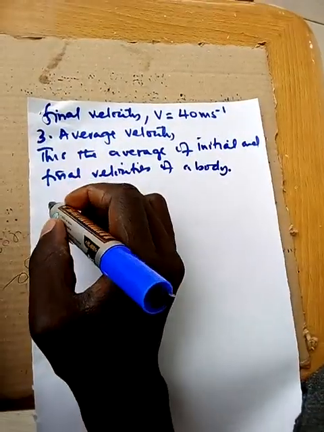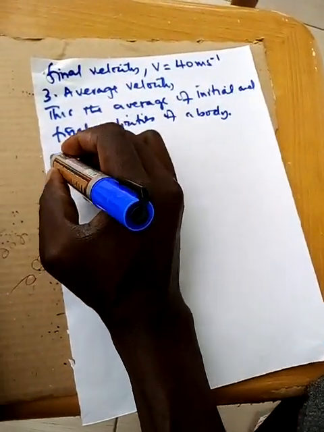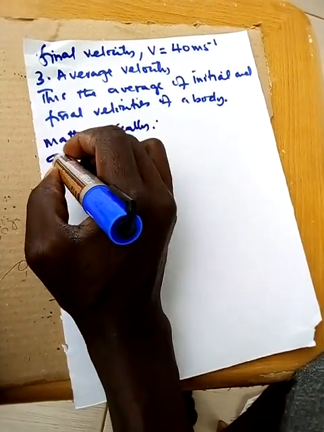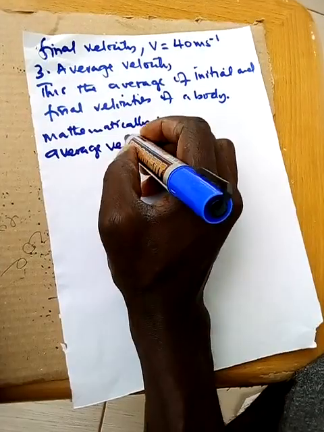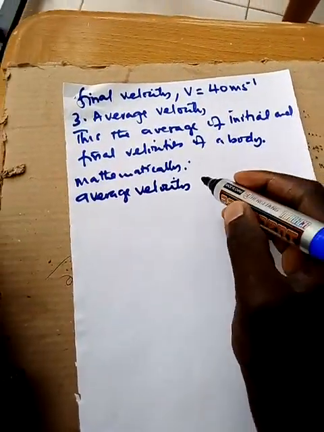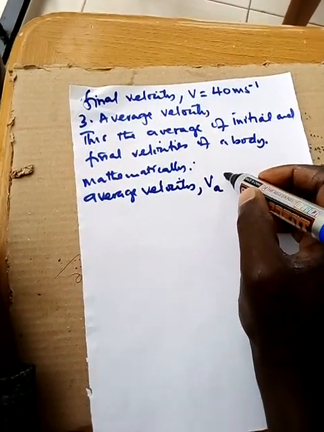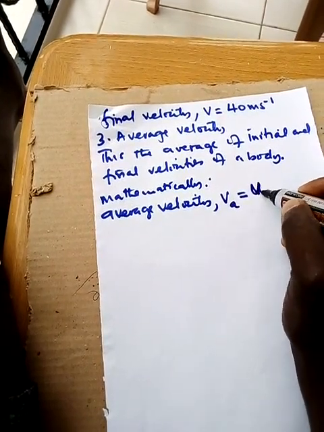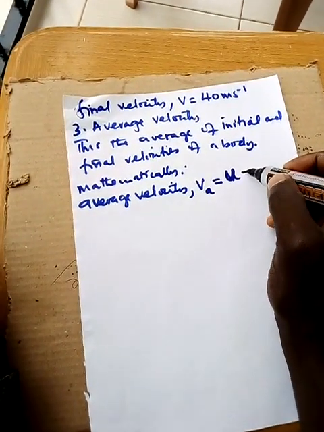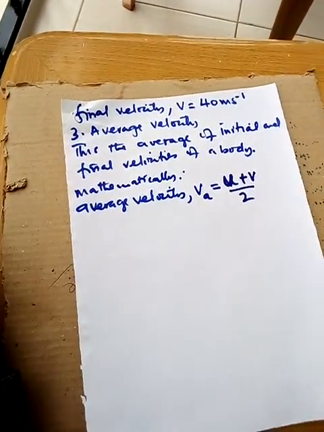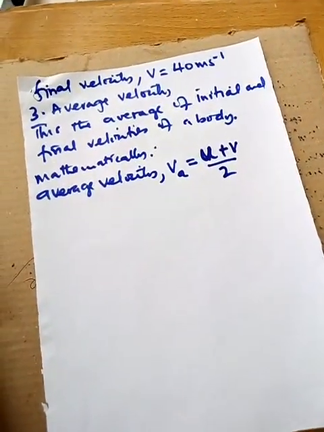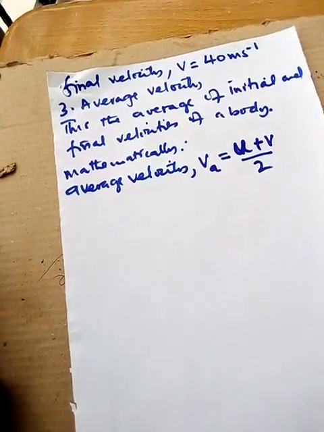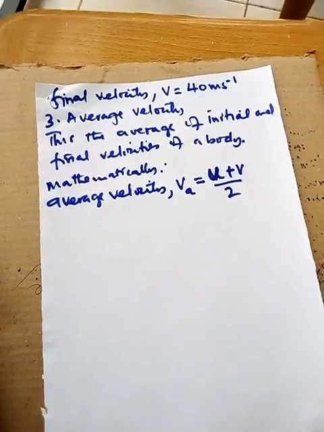So what are we trying to mean here? Mathematically, average velocity: we normally say initial velocity is U, final velocity is V, so average velocity is U plus V, divided by 2.